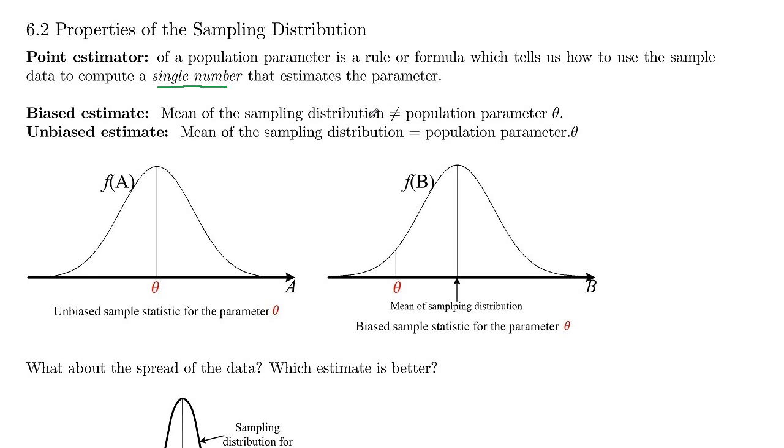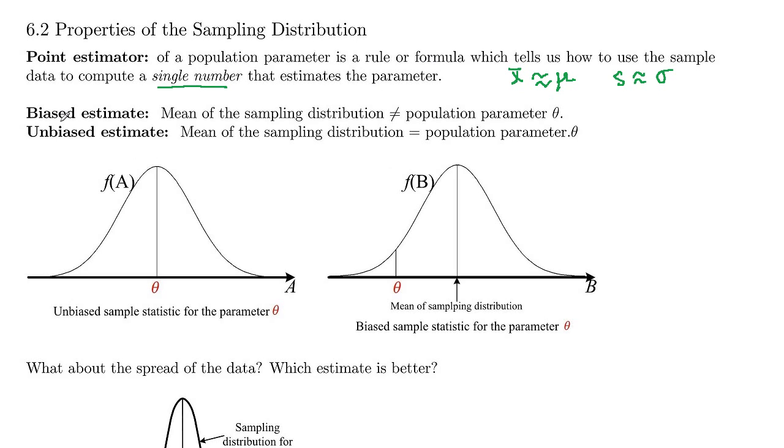So for example, X bar is a point estimate of the mean, and the sample standard deviation is a point estimate for sigma, the population standard deviation. So these are one number that's estimating the population parameter. That's a point estimate. A point estimator is a rule or a formula that's going to tell us how we can take a sample and compute that single number.